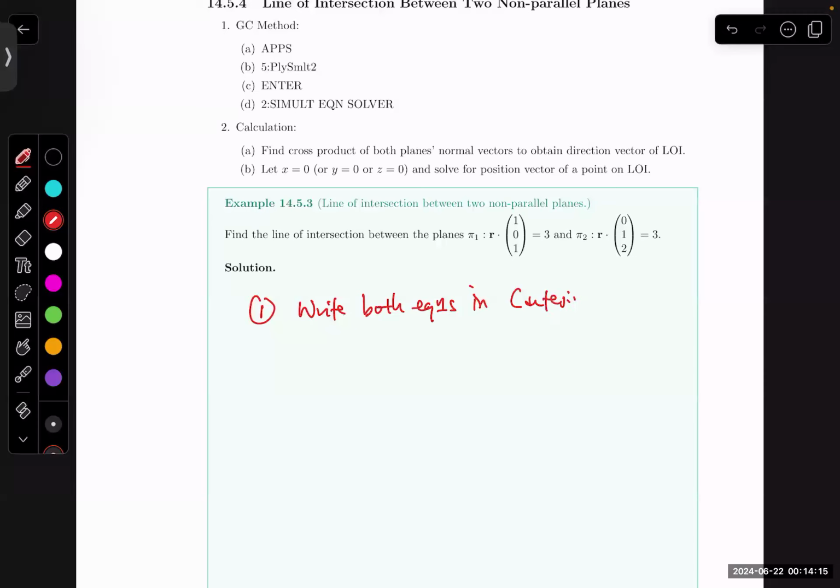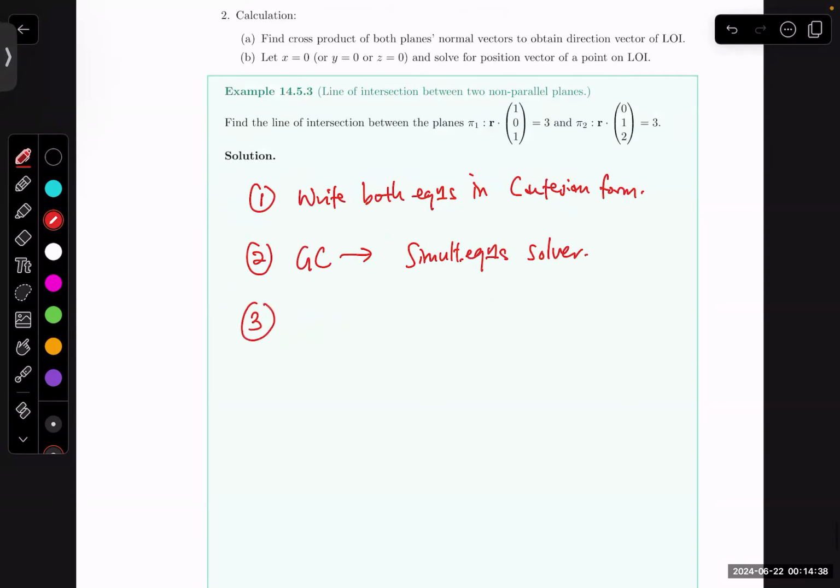Then use the GC simultaneous equation solver. Once you solve the equations, you should get a line equation.